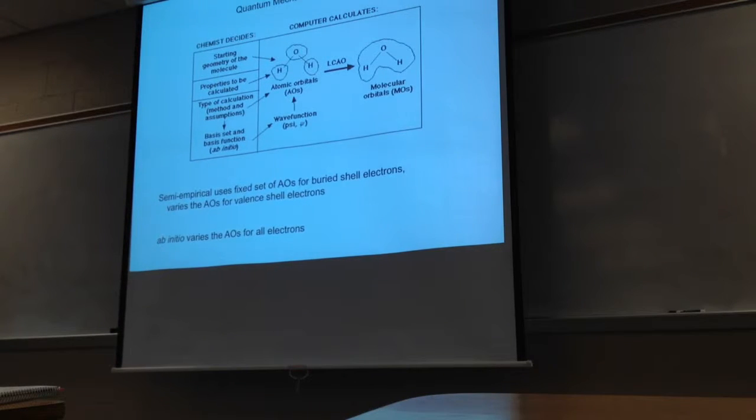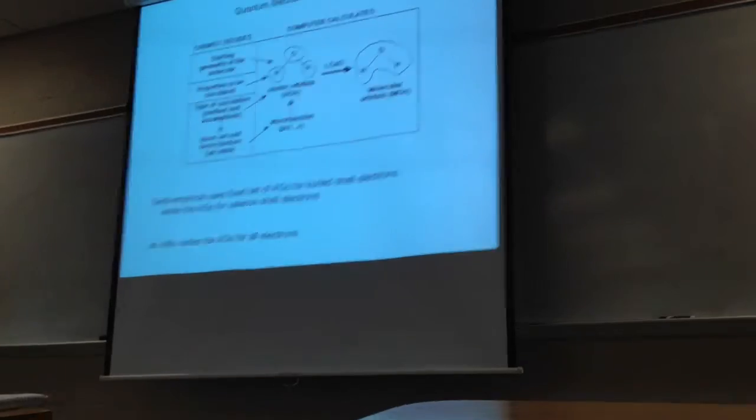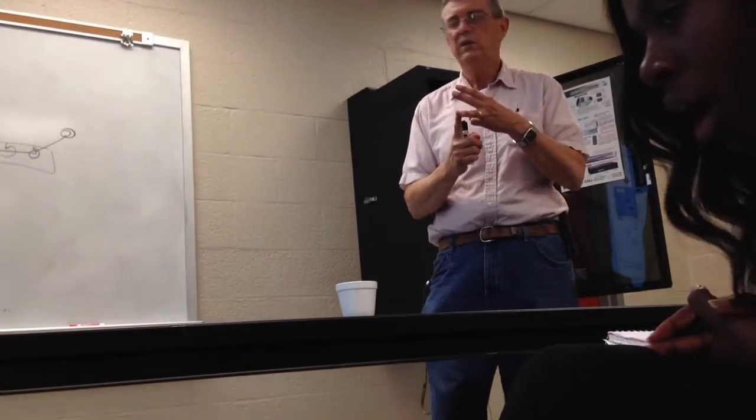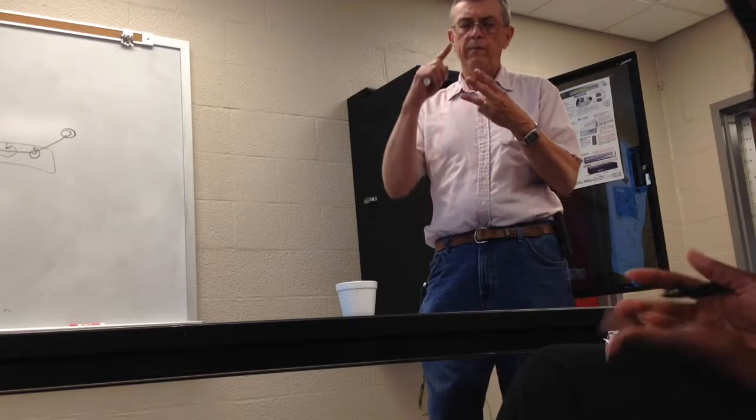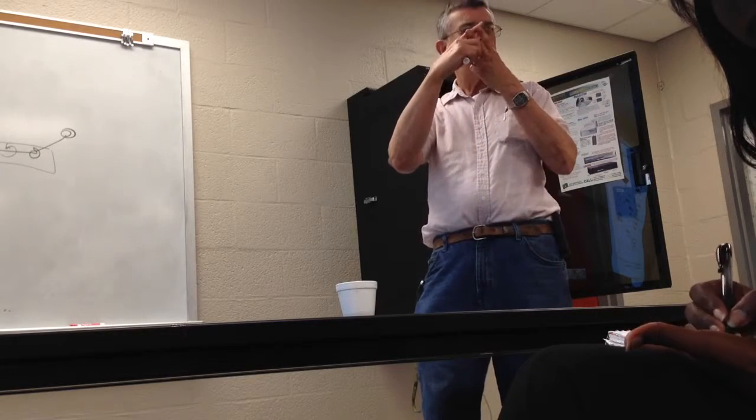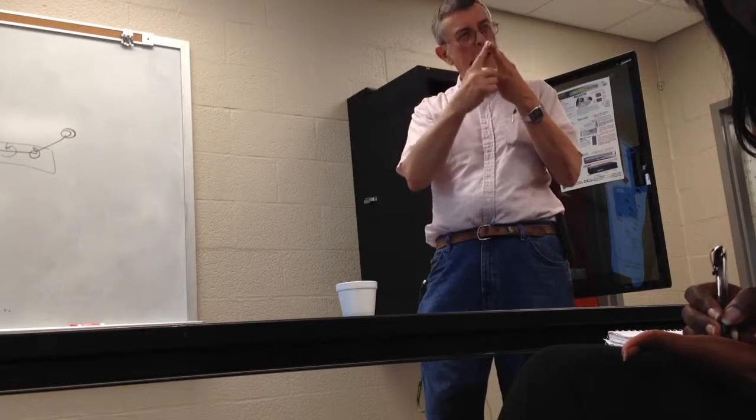So we've got basically, as far as Spartan is concerned, three what are referred to as levels of theory. One, molecular mechanics. Very simple, very fast, crude results. Doesn't know about electronic properties of molecules. Two, quantum mechanical types. Semi-empirical.